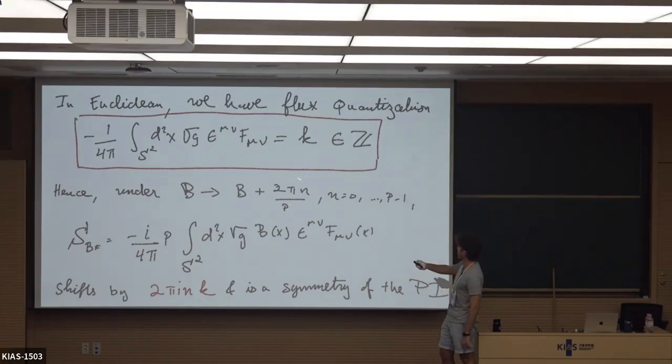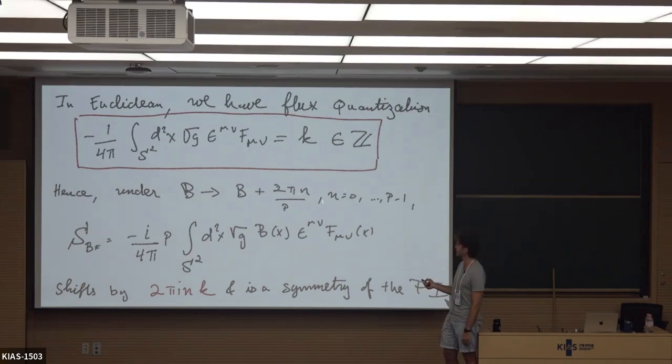Okay, and I want to specify that this global symmetry is only a global symmetry for n from 0 to P minus 1. Why is it only a global symmetry for n from 0 to P minus 1? Well, if n is P, then I get a shift of B by 2 pi. And we said that that was a redundancy.